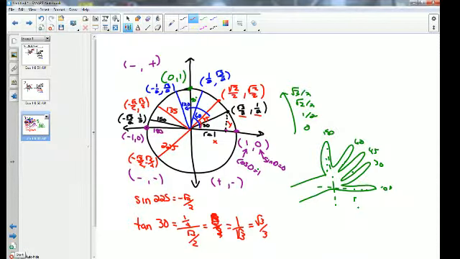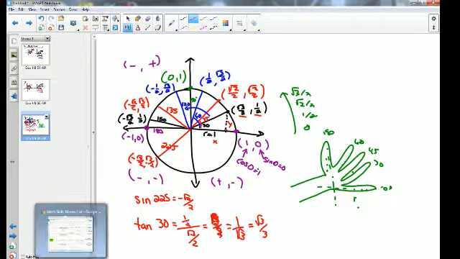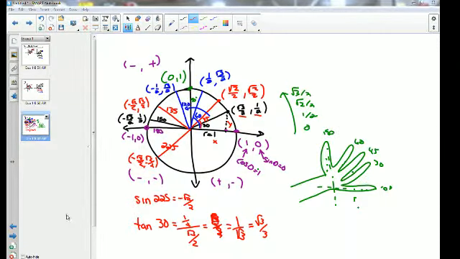Do you want me to show you the whole thing? There's an attachment in Google Classroom, so that has the unit circle on it.